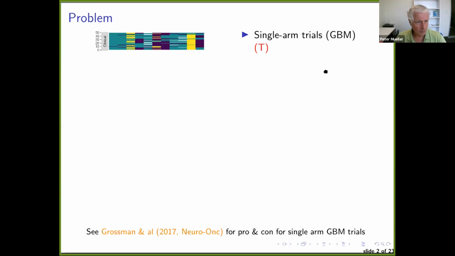So here's again, repeating the title slide. You can see one of the issues is that in glioblastoma, for a variety of reasons, investigators use single-arm trials. One of the reasons is simply enrollment, even in a big cancer hospital like MD Anderson.